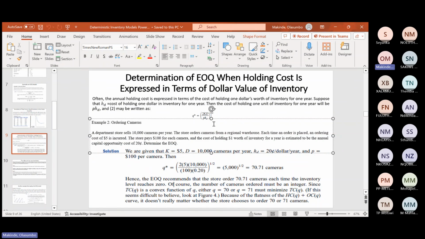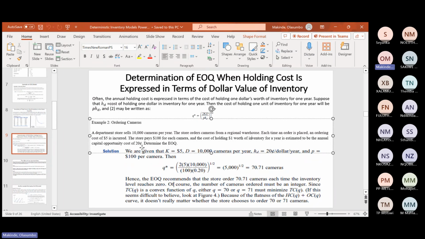So that HD in the denominator, you are seeing it as the opportunity cost, and P is the price of the item. So if you use this formula now, that means your EOQ will become square root of, that raised by half, 2K, we have seen it as 5, then D is 10,000, over P, the cost price of the item, which is 100, times HD, the opportunity cost. So that will give you times 0.2, because that is talking to the cost of holding $1 worth of inventory, which is expressed as the opportunity cost of 20 cents.